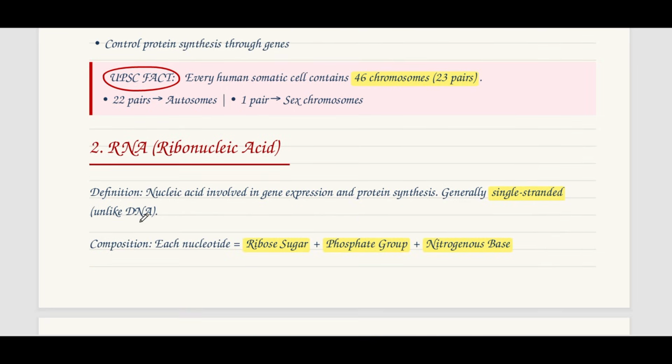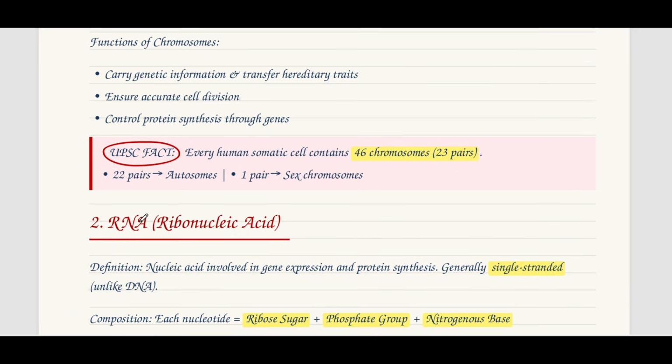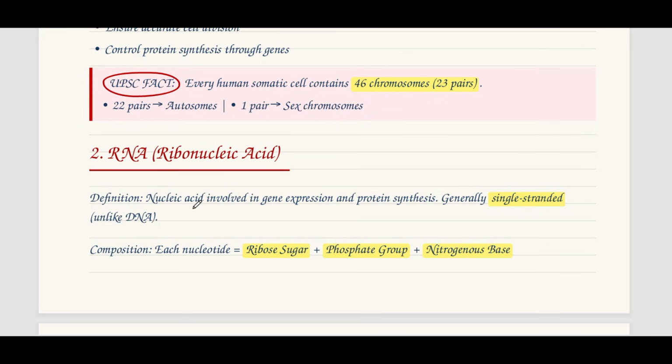We learned about chromosomes. Now we are going to learn about RNA, that is ribonucleic acid. Definition of ribonucleic acid: it is a nucleic acid, as the name itself says.